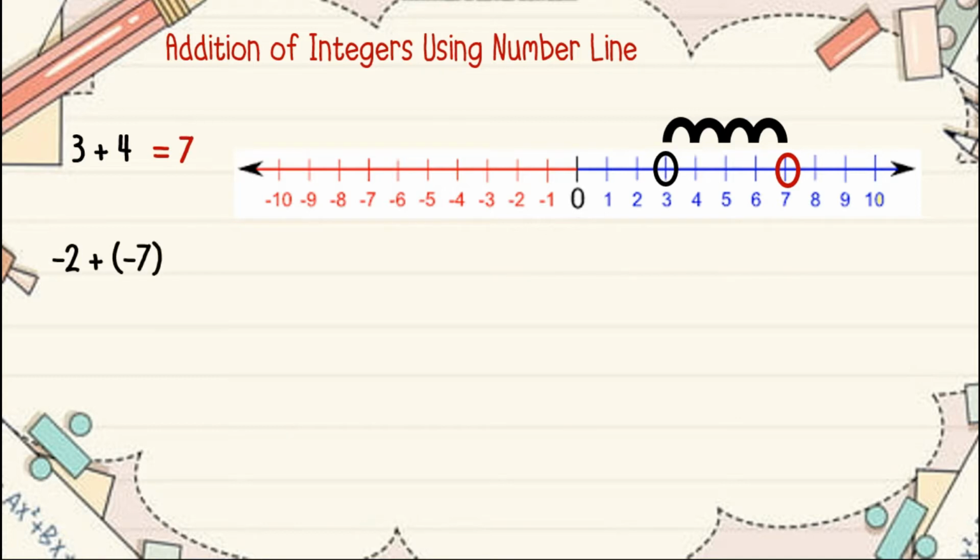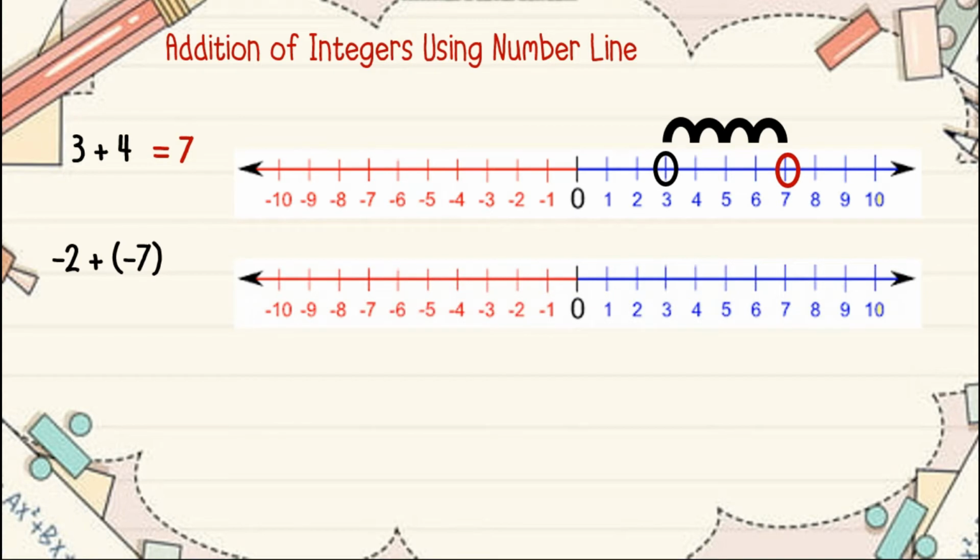Another example, negative 2 plus negative 7. Again, on the number line, since 2 is negative, it is located 2 units to the left of 0. And since we are adding a negative integer, we're going to move to the left.